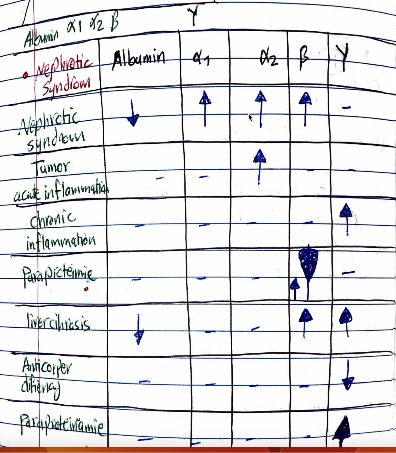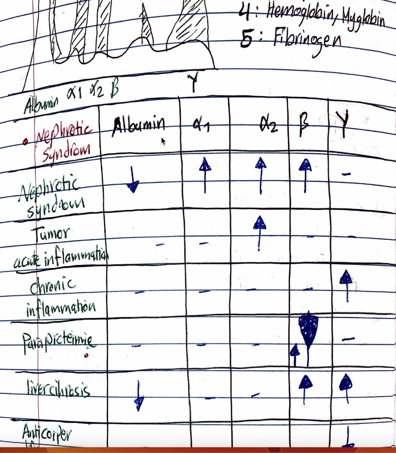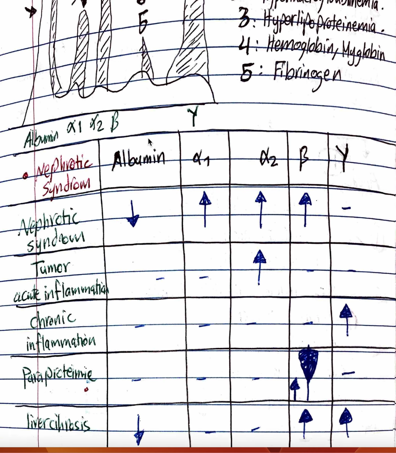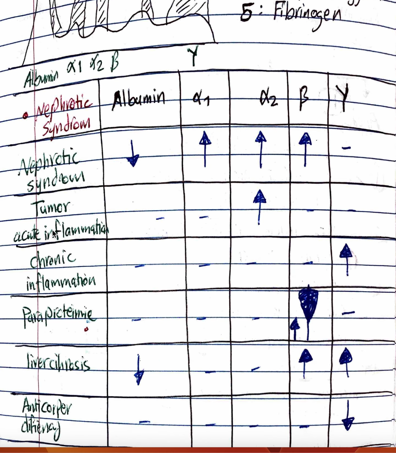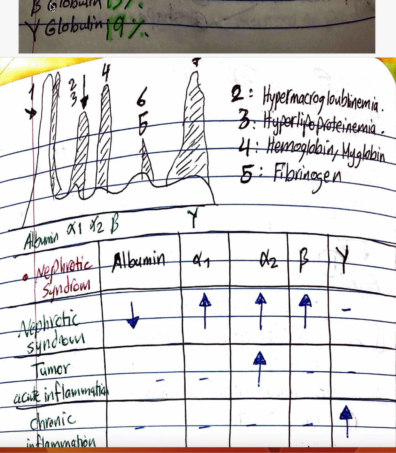So first I will see here in this table what makes albumin increase. The only thing that makes albumin increase, maybe not present here, but to make albumin increase more and more, is dehydration. So dehydration increases the level of albumin. But what reduces it?